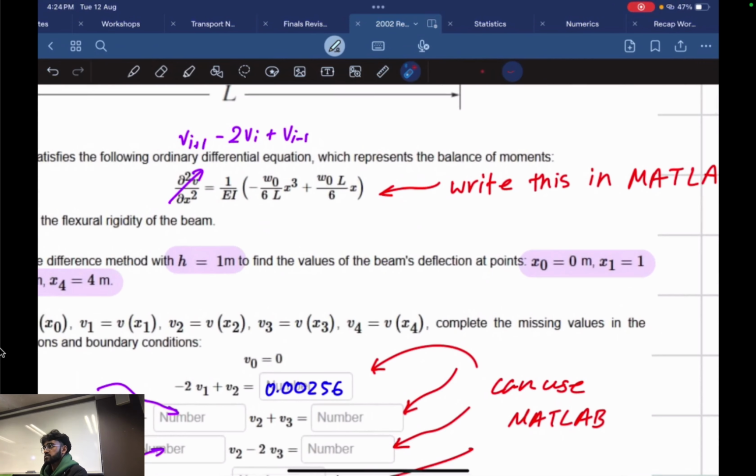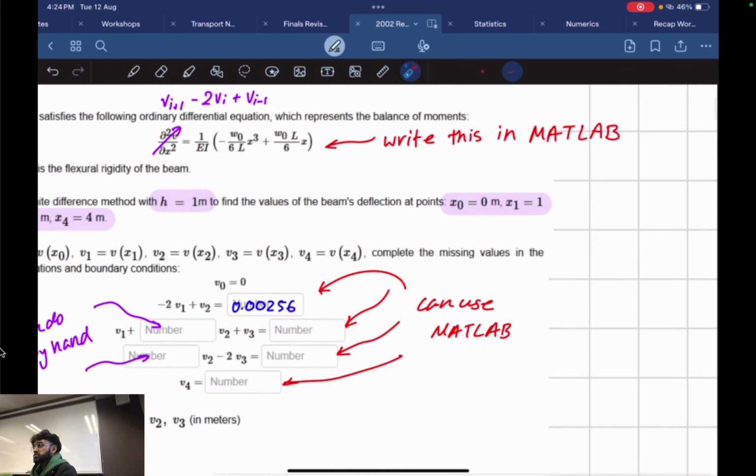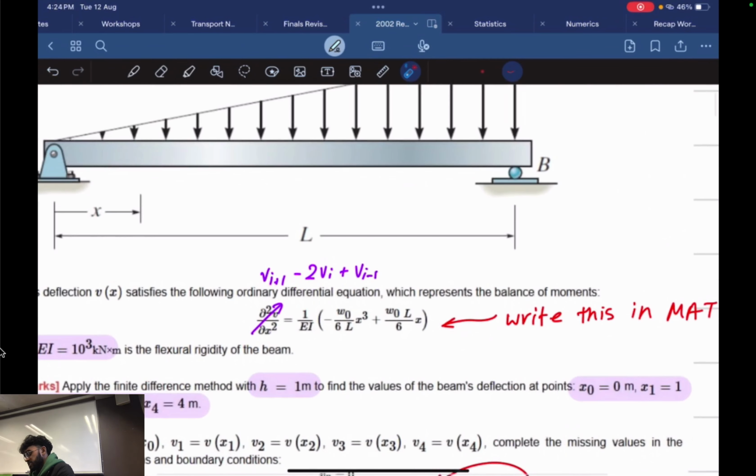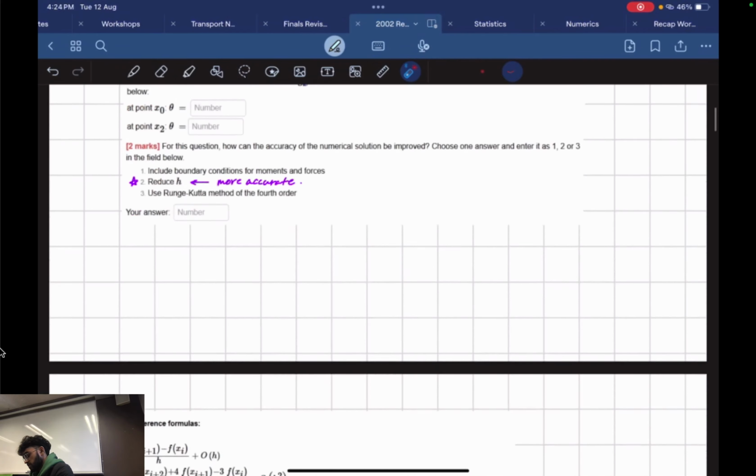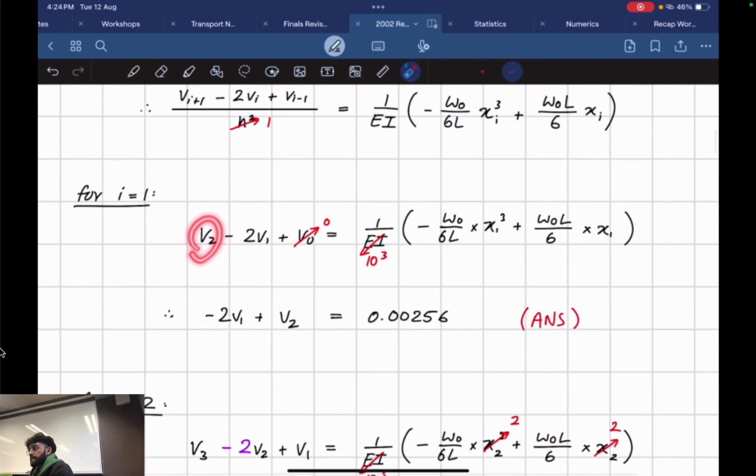In the first question, shouldn't the v of x plus 1 be 1 or 2? The value of v we don't know, but we know the value of x. Where did the plus 1 go? The i plus 1 becomes a 2, so that becomes v2 over here. Yes, sorry. That's the left-hand side of the equation. The right-hand side of the equation is what they've given us at the top. Make sense?